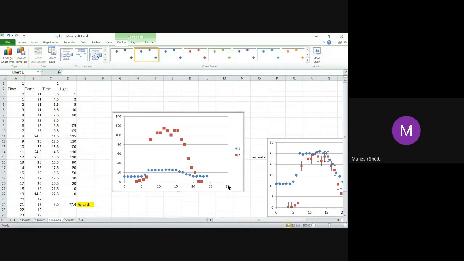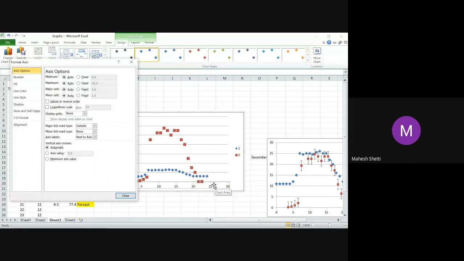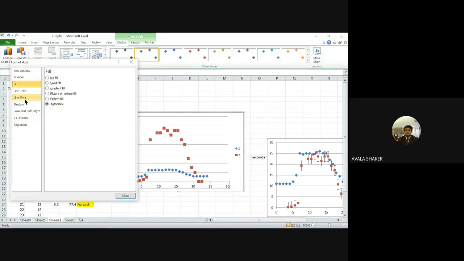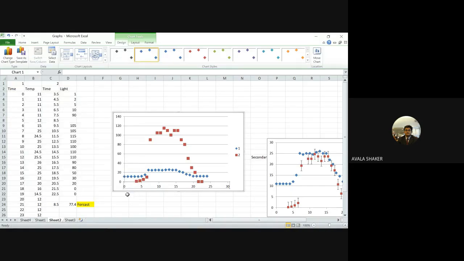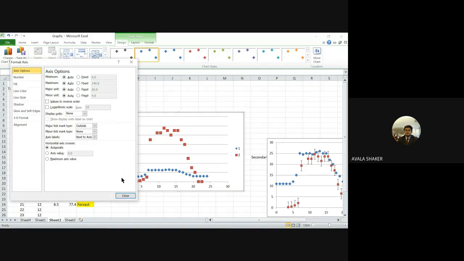X-axis formatting. This option. Where did I get it? On Y-axis only.